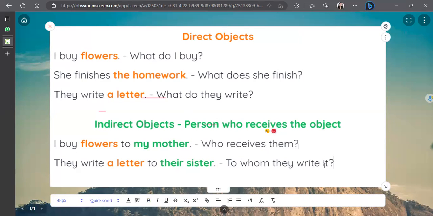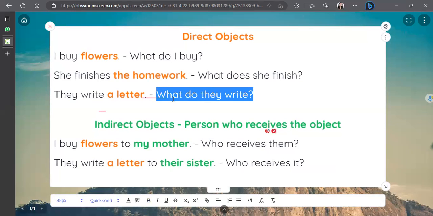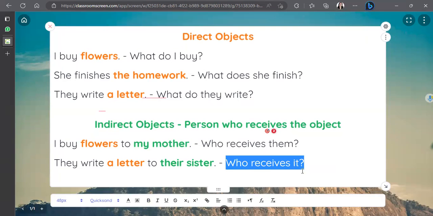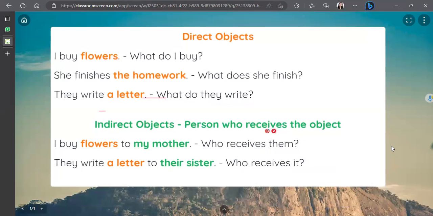Okay? Who receives it? Okay? So we can answer the question who. This is a person. This is an object. This is a person. Okay?